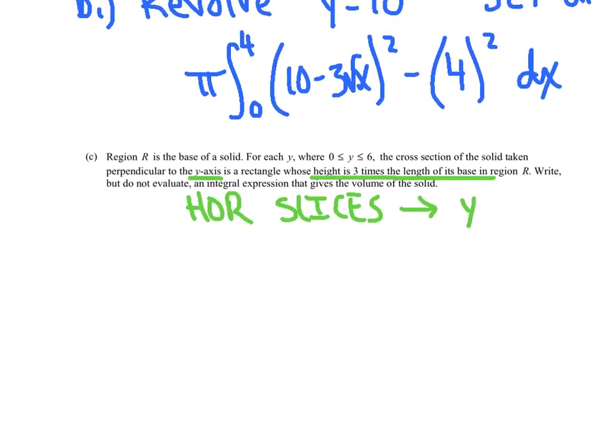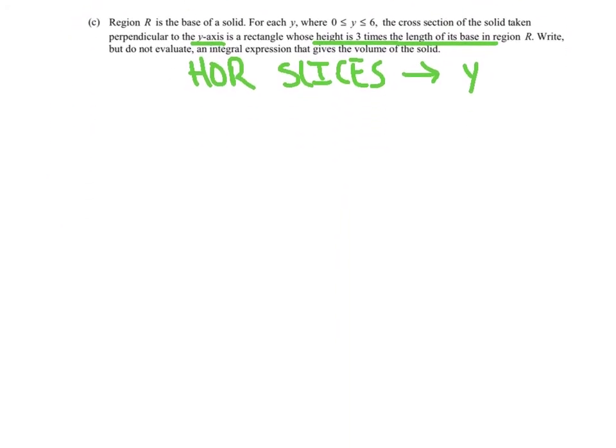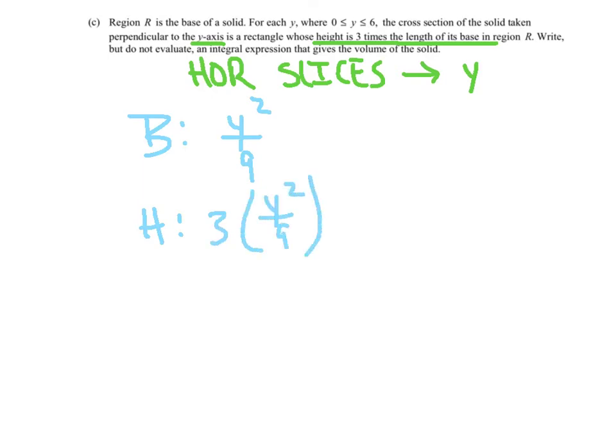So let's go take a look at our setup here. So our slice analysis. Now, the base, we said, is going to be y squared divided by 9. The height's going to be 3 times that size. You could simplify it if you want. I'm not too worried about it. The area is going to be 3 times y squared over 9 squared. And so the volume, check these bounds out.